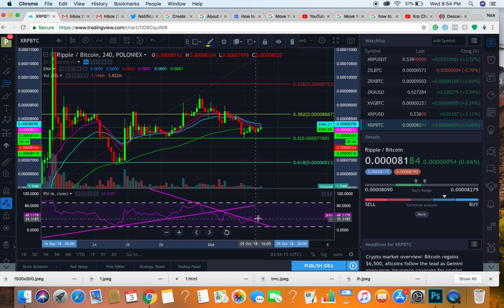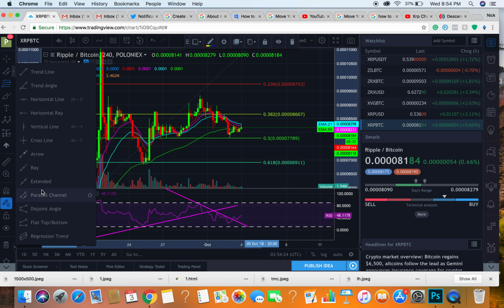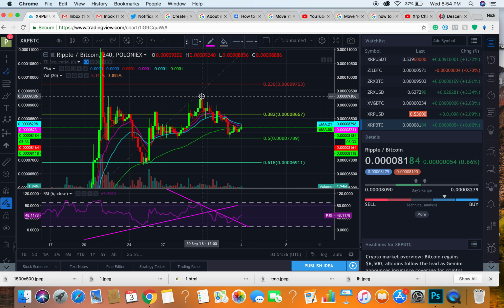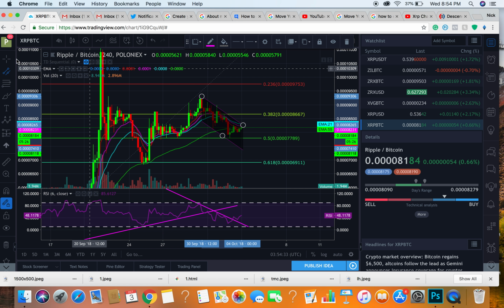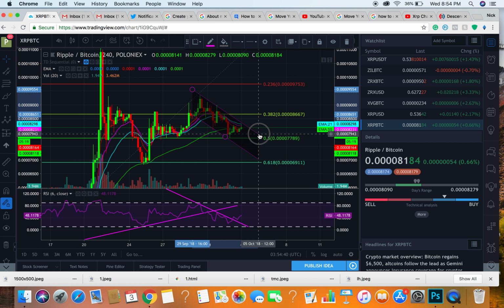So, once again, don't get trapped by this. You need the full picture. Look at the moving averages, and we have some other signs here. It looks to me like this is going to turn into a parallel channel. So not only do you have a moving average as a resistance, you also have a channel resistance.